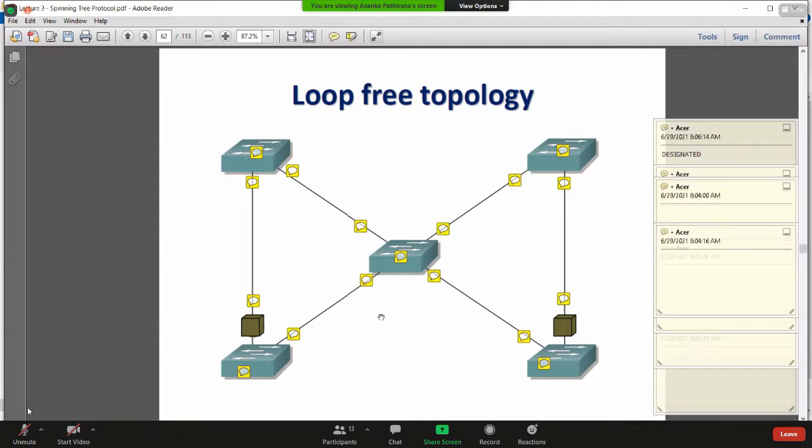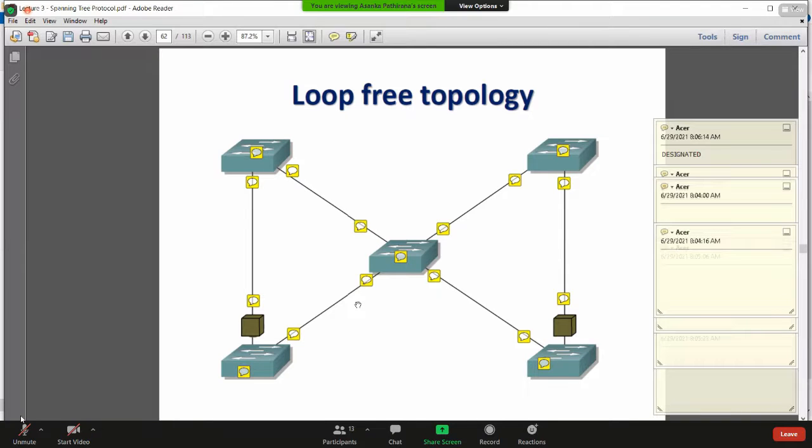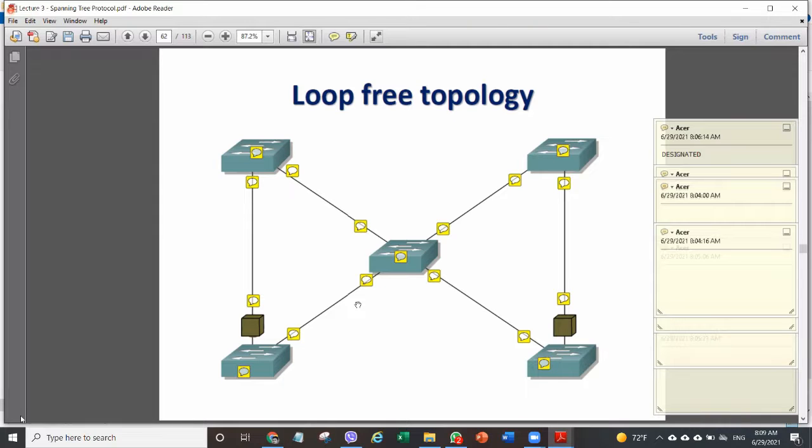It just introduces the way towards the root. So it is in the designated switch. These are the designated switches. So root ports are there in the designated switches.